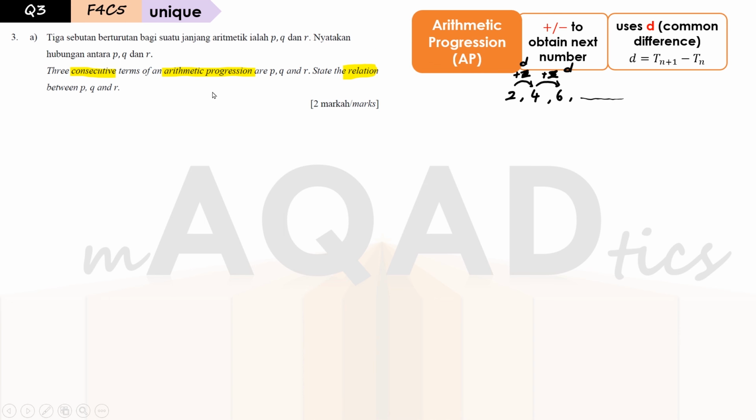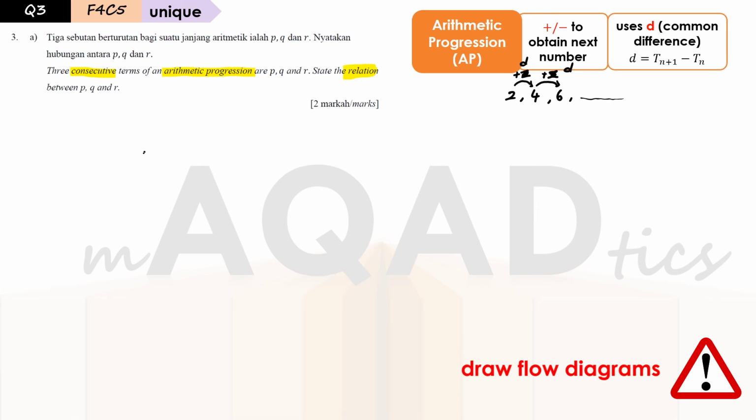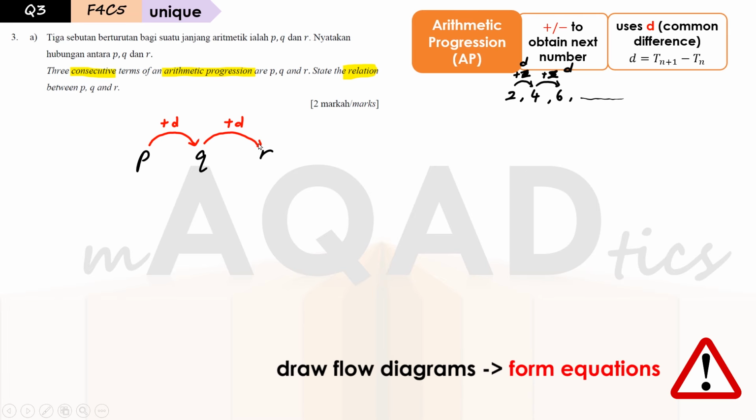Coming back here, how do we form the equation based on P, Q, and R? Let's draw a similar diagram, something like this: P, Q, and R here. Again, if we want to find the next value, we need to add D. P add D, then we get Q. And from Q, we add D to get R. So let's use this diagram to form equations.